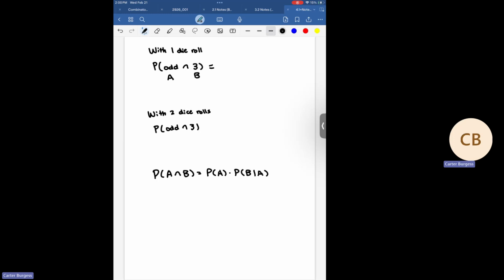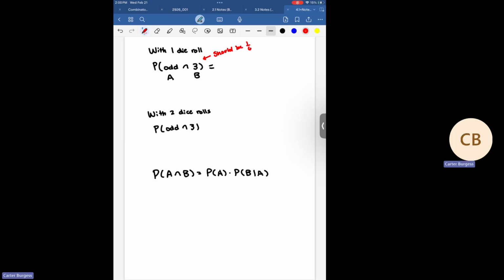So what should the probability of rolling an odd and a 3 look like? Well, just formula-wise, we'll talk about what would we expect the odds to be here? How many outcomes satisfy both of these conditions? Just one, right? Should just be a 1 in 6 chance, right?